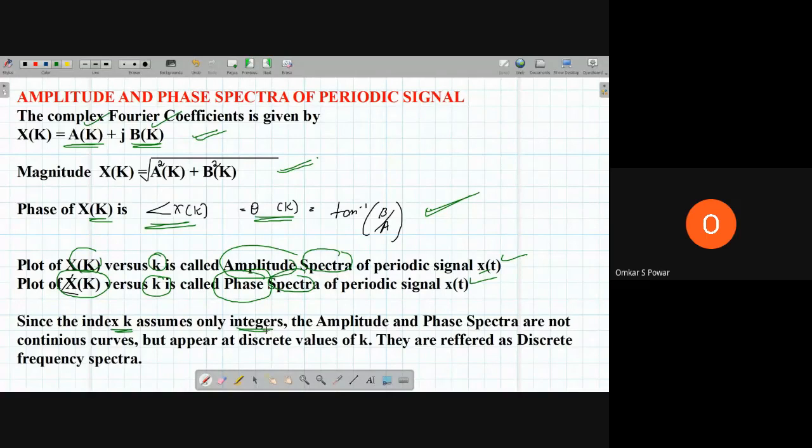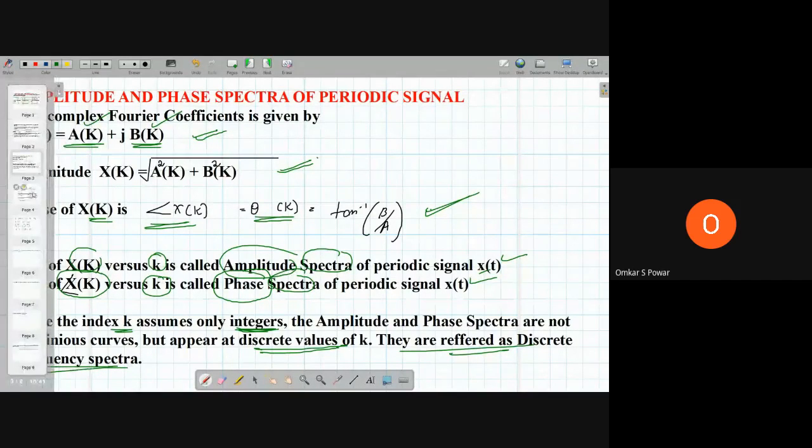Whenever you're converting from time to frequency, your time domain might be continuous, but this frequency domain k assumes only integers, that is 0, 1, 2, 3, or minus 1, minus 2, minus 3. You can't have a value like 1.5, 2.5, 3.5. So they only appear at discrete points, and hence they are referred to as discrete frequency spectra.